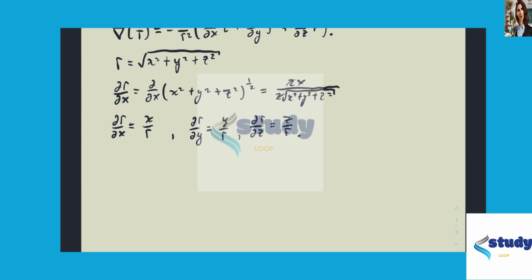Okay, so now we need to put these derivatives that we found back into our expression. So that will give us del of 1 over r is equal to minus 1 over r squared times x over r plus y over r plus z over r.